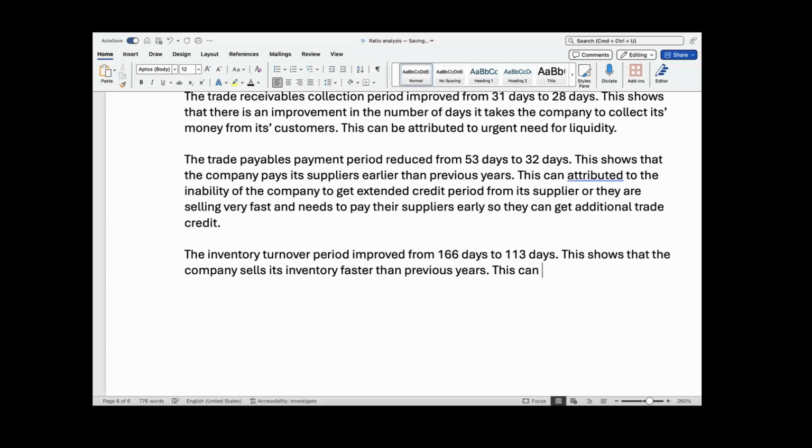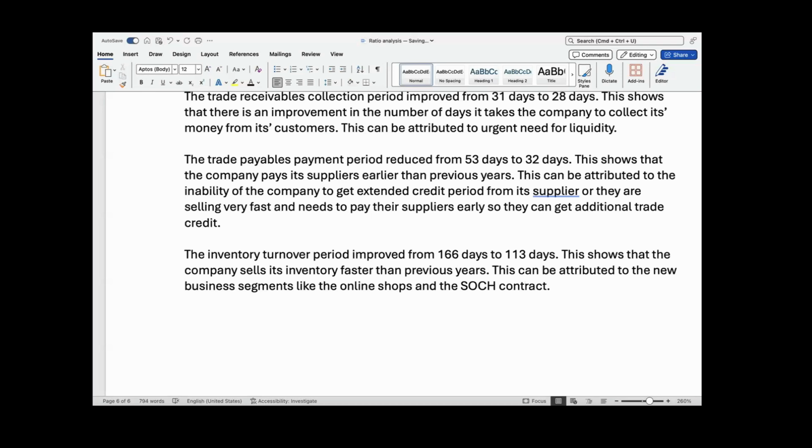And this can be attributed to the new business segment, like the online shops and the SOCH contract that they got.